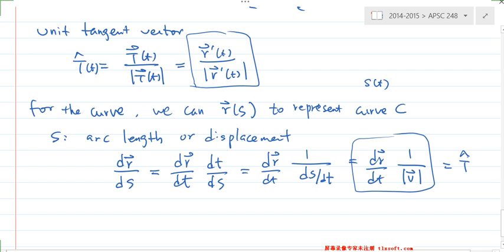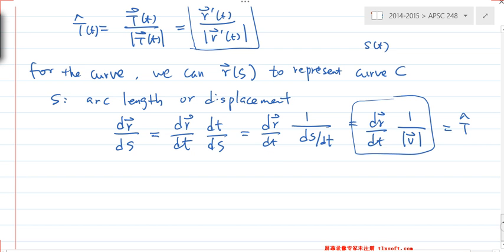So now you see the difference here. t hat is this, in terms of t. If you happen to have r of s in terms of arc length, your t hat is simply dr over ds.